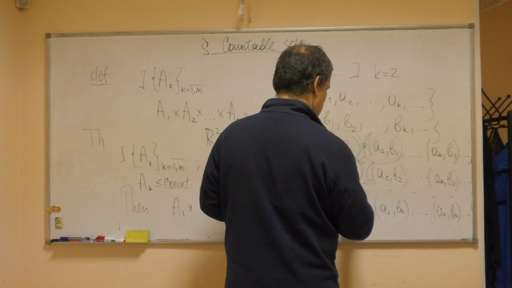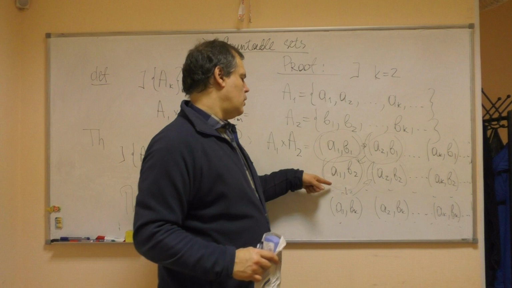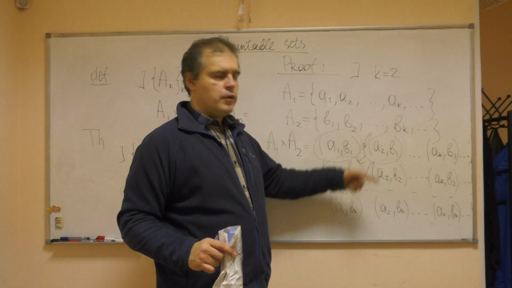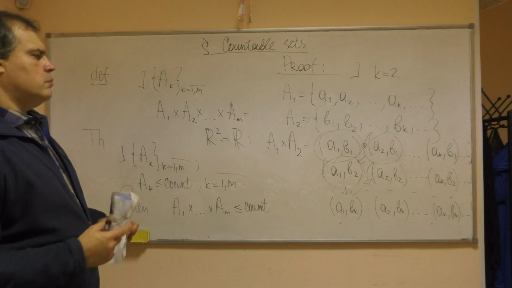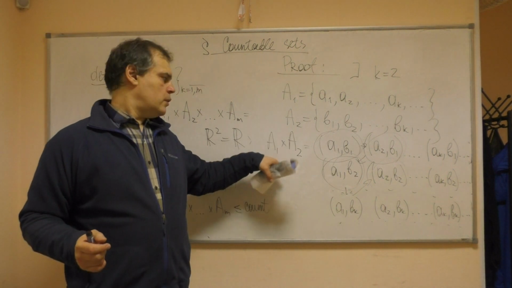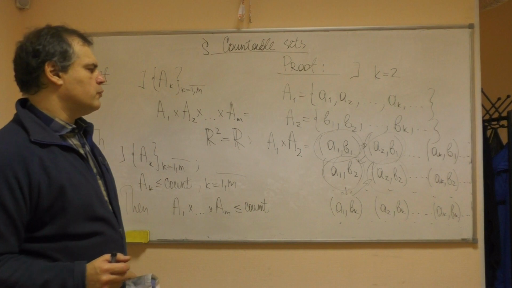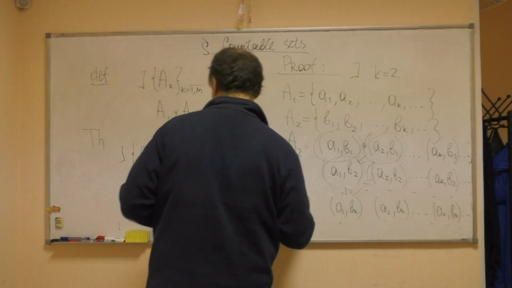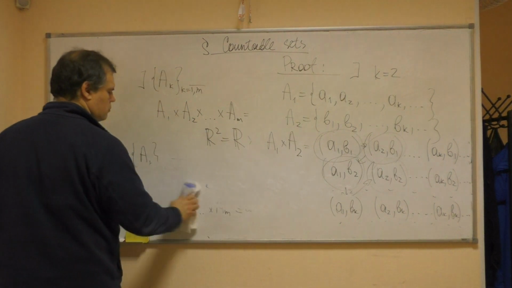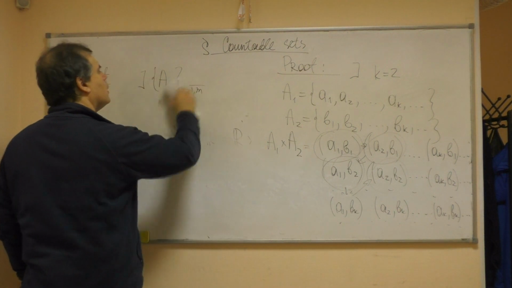Not here, but element a1, b3, yeah, and so on. So finally, this Cartesian product of two sets is countable, less or equal than countable.